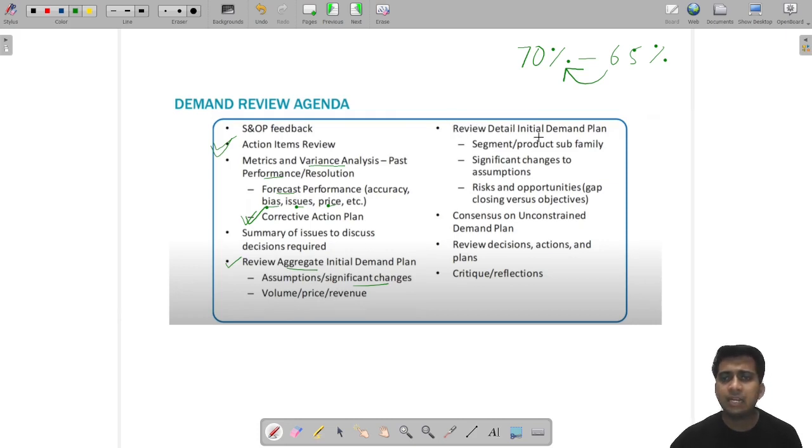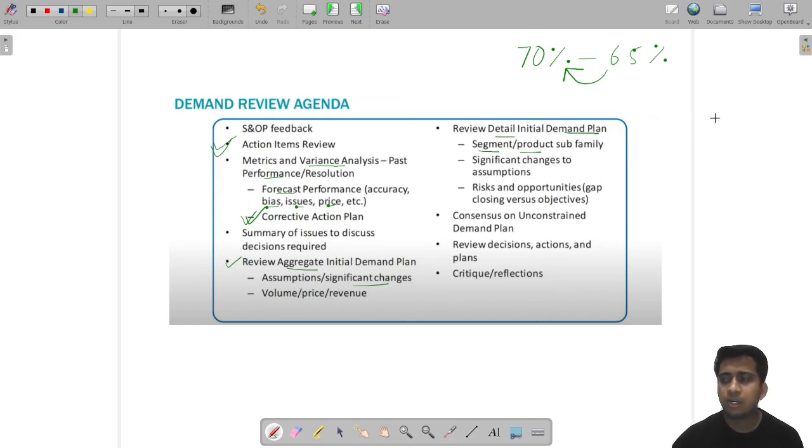Then there can be a detailed discussion of the demand plan. We discuss it at a higher level, where we discuss the critical issues, and then we also jump into detail, where we may go to segment level and product level. As the saying goes, the devil is in the detail. At the higher level, sometimes the aggregate forecast may appear good, but it can be the balancing of two different products.